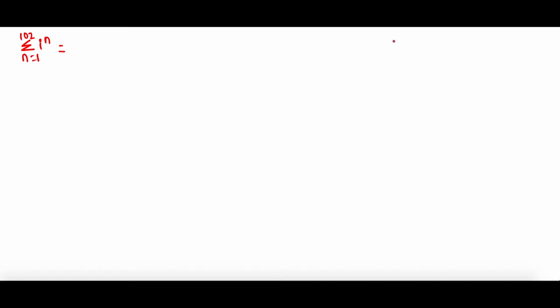This means i plus i square plus i power 3 plus i power 4 plus i power 5, up to i power 100, i power 101, i power 102. This is the meaning of it.